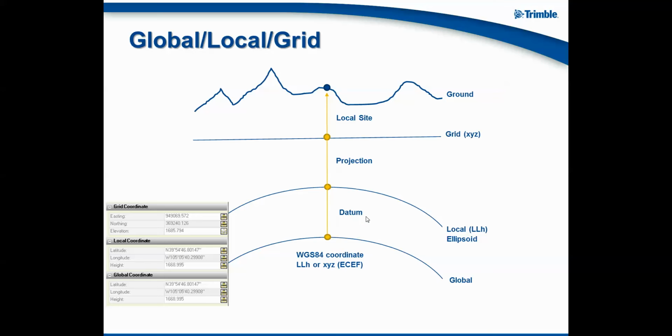I'm not going to go into any detail about those because this is more focused on site calibrations, but I just wanted to make that clear that those would be the couple times that you would see differences between local and global. And we also have grid coordinates, which everyone is familiar with, the northings and the eastings. Those are projected to a grid projection plane, quite similar to any state plane or UTM type of coordinate system.